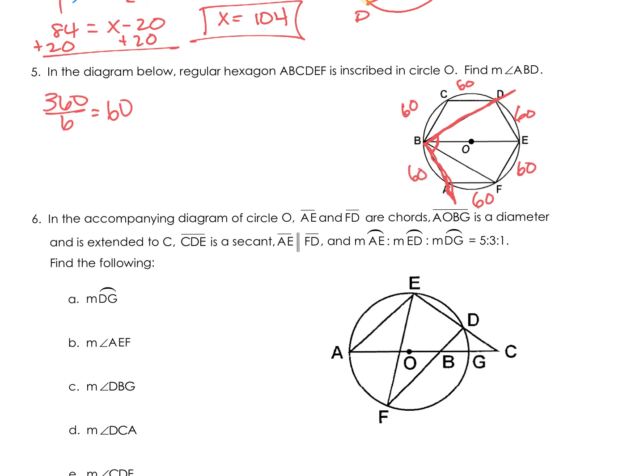Well, our angle is eating this much, which is how much total? 180. But when we go back to here, remember it shrinks in half, and all of this would be 90. So angle ABD is 90 degrees.